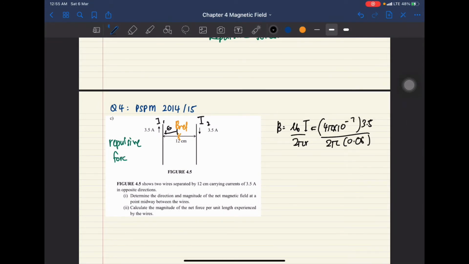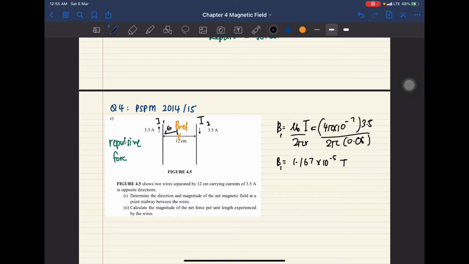So you can press your calculator, and I think you will get B equals 1.167 times 10 negative 5 Tesla. Okay, this one is what I calculated for B1.